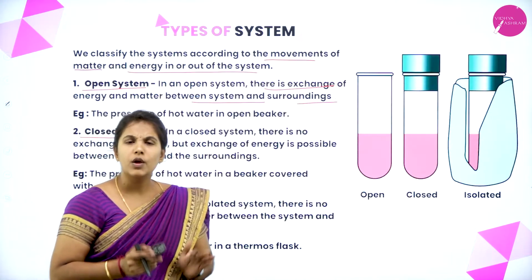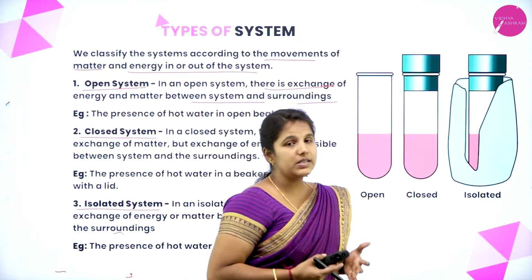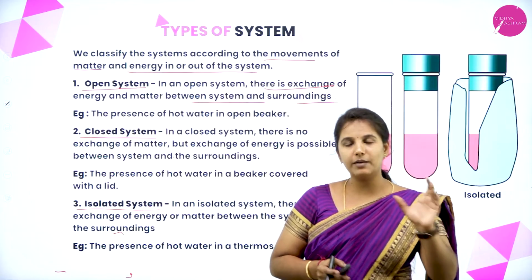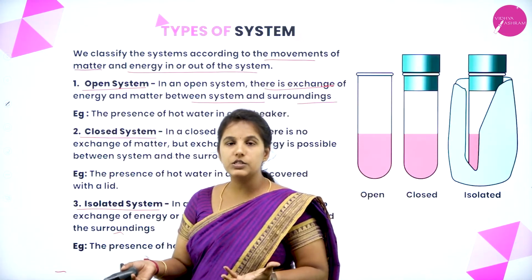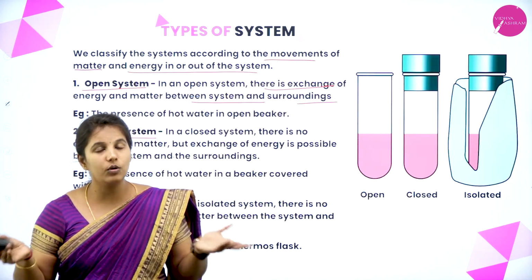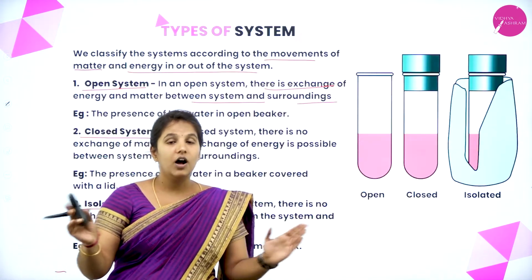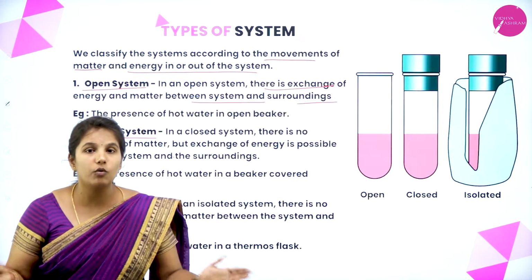Such systems are said to be open systems. Or you can convey this topic with our daily life also. The best example is if you take a cup of hot tea and keep it on my table, what will happen? After a few minutes, the entire tea will become cool. Why has it become cool? Because there is a movement of matter happening with the surrounding.